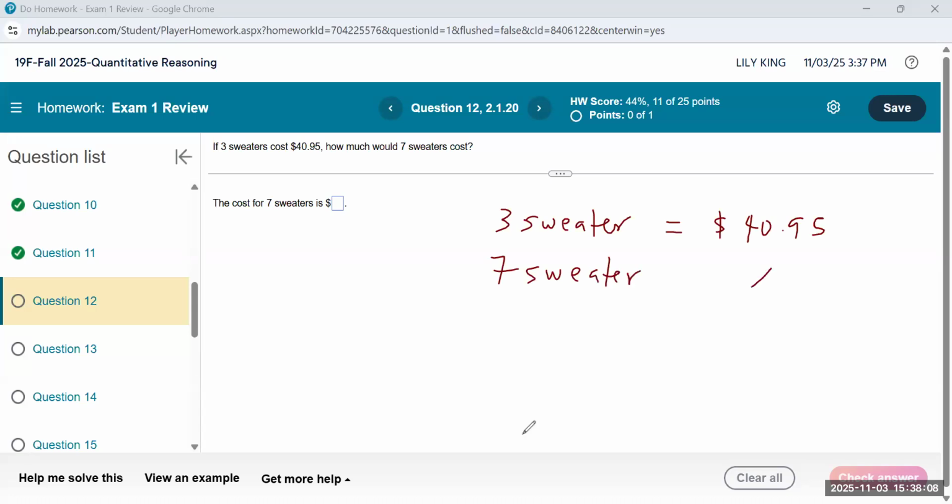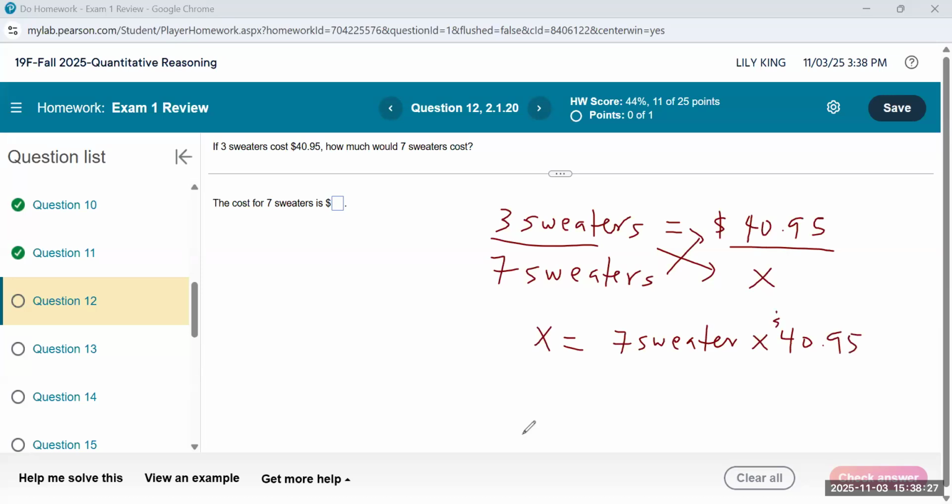So I'm going to use an unknown variable x for that. So to find x, you have to apply cross product. You multiply 7 by 40.95 cents, and then you divide the whole thing by 3 sweaters. So sweaters will cancel out. So your final answer will have a unit of $4.